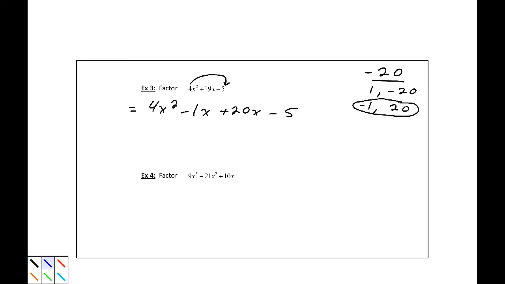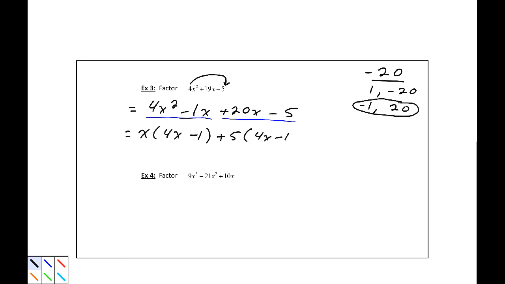If I group my first two terms, they have an x in common, so that will be x parentheses 4x minus 1. In my second two terms, I could factor a 5 out of both of those, 20x minus 5. It would be plus 5 parentheses 4x minus 1.